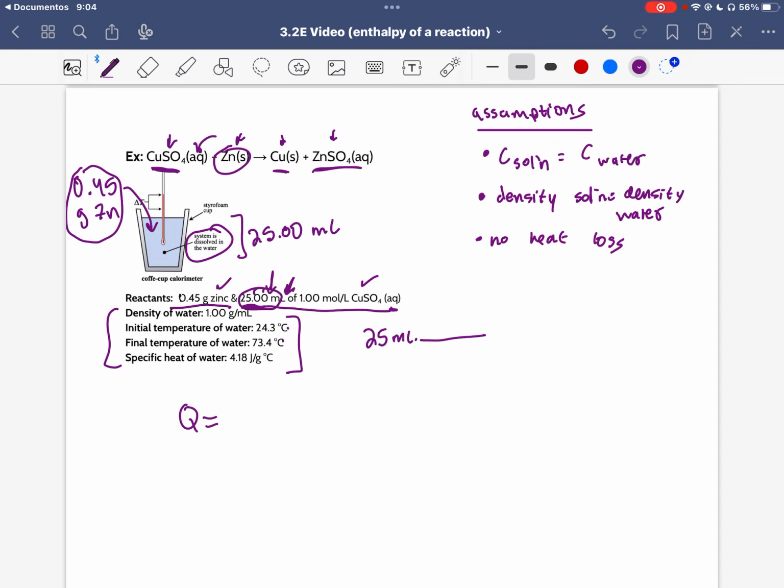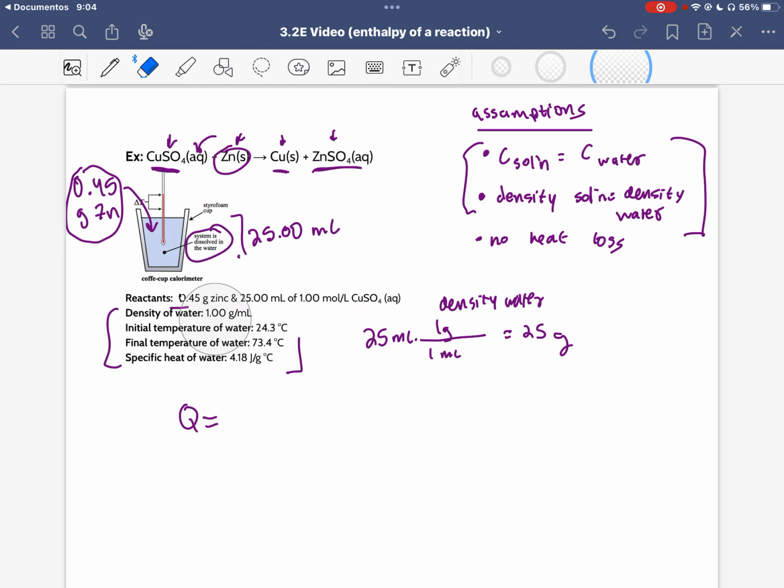And I know 25 milliliters, 1 milliliter, 1 gram, using the density of water, is the same as 25 grams. And all of this goes back to the fact that most of what's in a solution is water. So if I'm interested in the energy going into the water, I look at the thing that's mostly water, and that's my solution. So don't worry about that amount of zinc that's getting added.